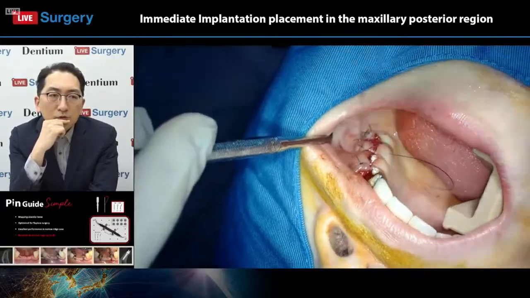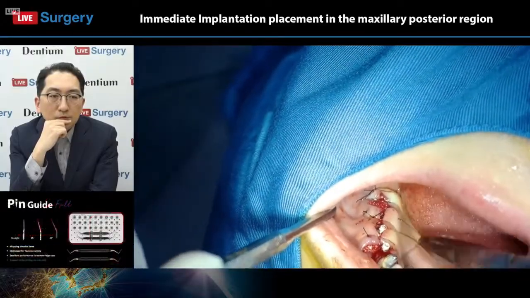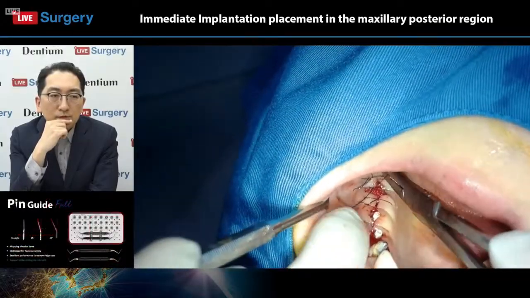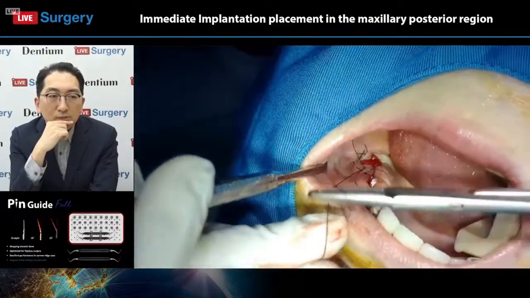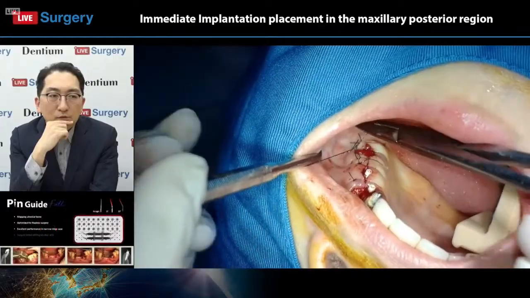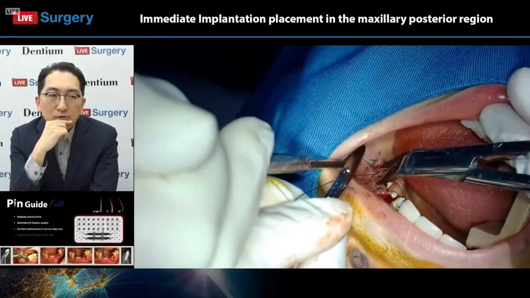But according to my experience, when patients have severe periodontitis, often the collagen graft resolves faster.